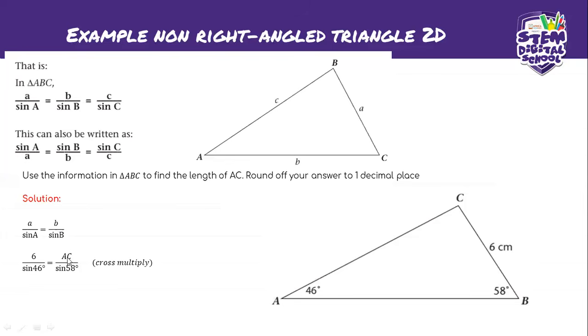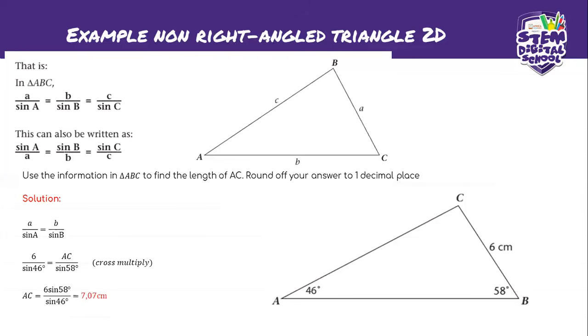We are going to substitute with AC, what we are in need of, divided by sine 58 degrees, right? In order for you to calculate that AC, we are going to cross multiply because we want to make AC the subject of the formula.